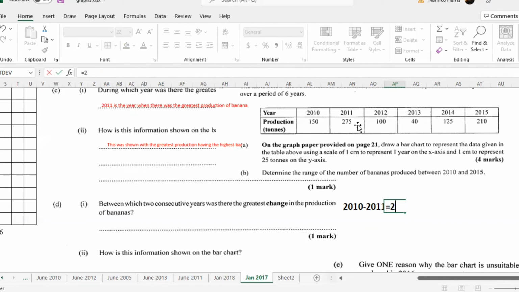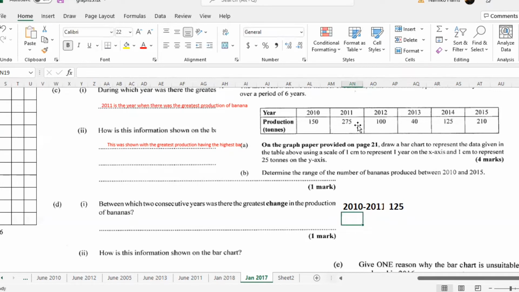So with there being an increase, it means that there was a positive amount of production taking place. So we'll have 275 minus 150, and that will give us a positive 125. So in 2010 to 2011, there was an increase in the production of bananas. So remember, we're just looking for the greatest change. It doesn't matter if that change is an increase or a decrease.